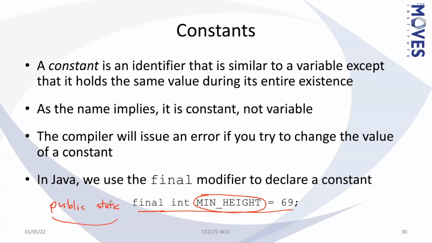It will be defined public static final int min height is 69. So what this will do is allow every object in the program to be able to use this value without having to do much extra work.